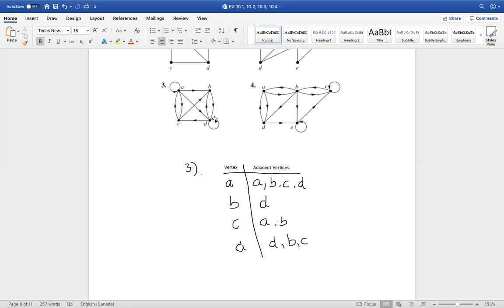Therefore, we include the vertex itself, and then the arrow going to B, and the arrow going to C. Therefore, they're adjacent.